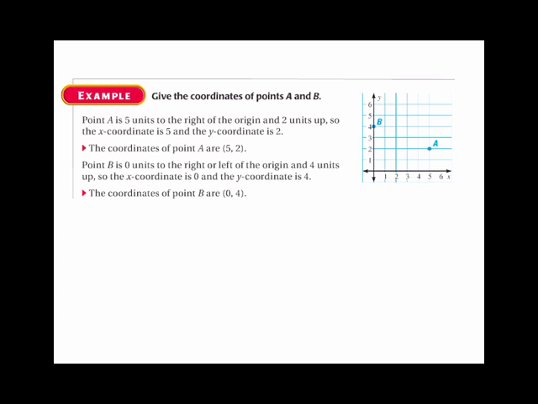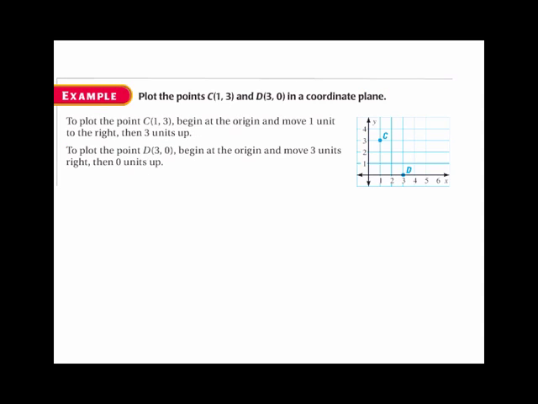Point B is 0 units to the right or left of the origin and 4 units up. So the x-coordinate is 0, the y-coordinate is 4, and the coordinates of point B are (0, 4). Let's plot the points (1, 3) and (3, 0) in a coordinate plane.